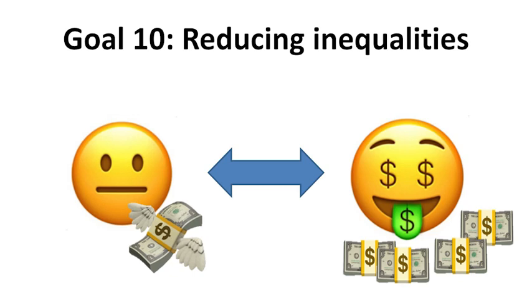The first target of Sustainable Development Goal 10 is to sustain income growth of the bottom 40% of the population at a rate higher than the national average. This goal, known as shared prosperity, is complementing Sustainable Development Goal 1, the eradication of extreme poverty, and it is relevant for all countries in the world.